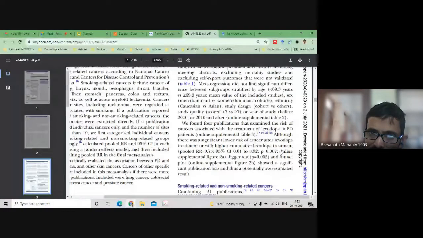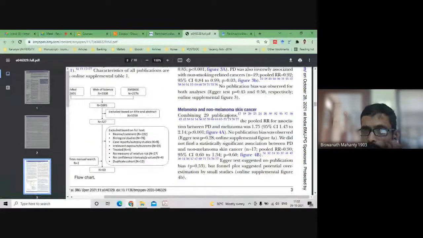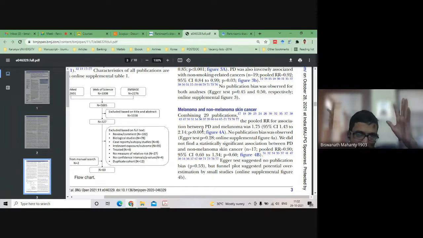Yes, sir. This is the way they are writing a systematic review. They are looking for the papers. You see, they are connecting melanoma, non-melanoma, skin cancer. They are combining the 29 publications. These referenced publications they are combining, and they are looking for the association. So which paper is talking about what? For example, some paper is talking about melanoma, and they are also talking about, for example, Parkinson's disease.